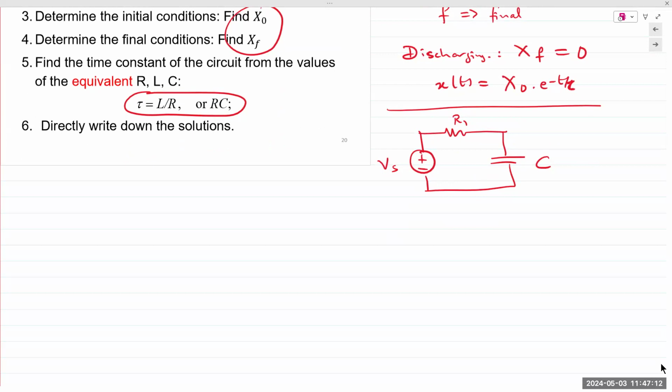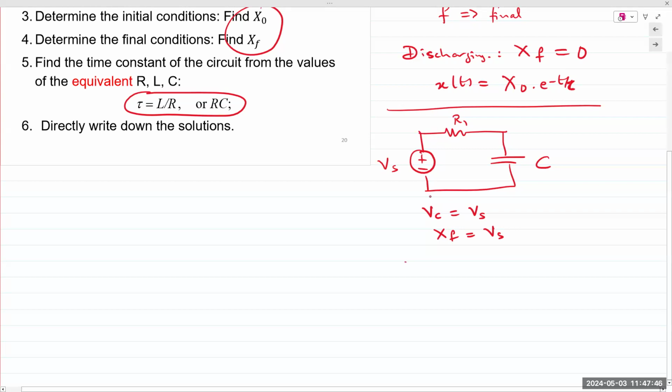Vs, yeah, the answer is Vs. The resistor in the middle doesn't matter because the resistor is just a current controlling component. Eventually, the voltage across the capacitor will reach Vs. So Vc in this case is Vs, meaning xf, my final value, should equal Vs. Initial conditions, of course, if the capacitor is fully discharged, we just say it's 0. Final value is Vs, the voltage source.